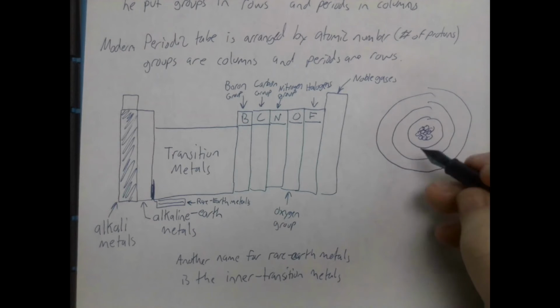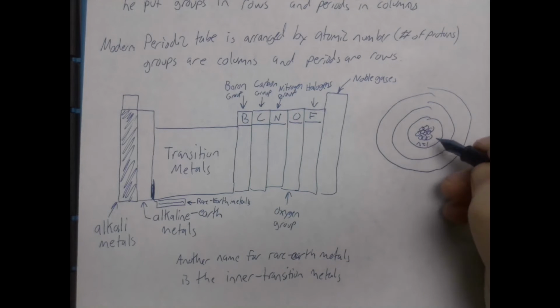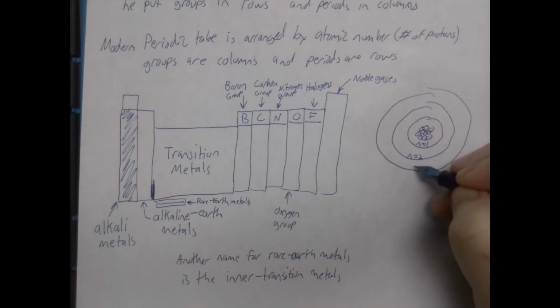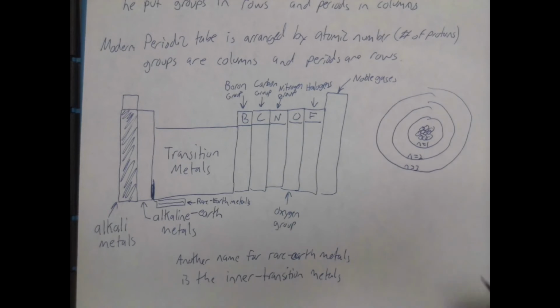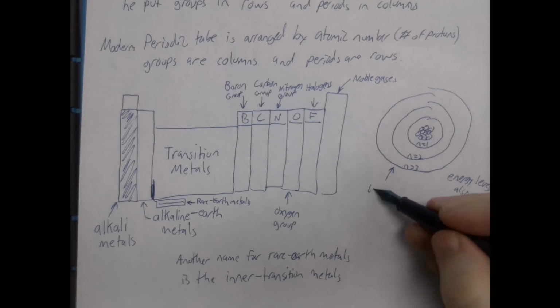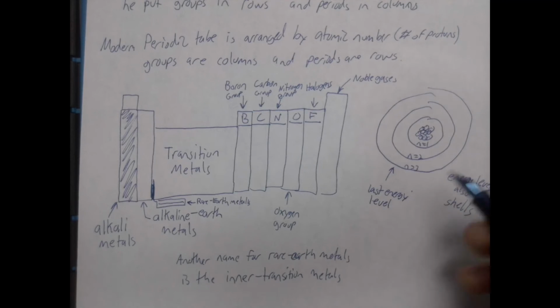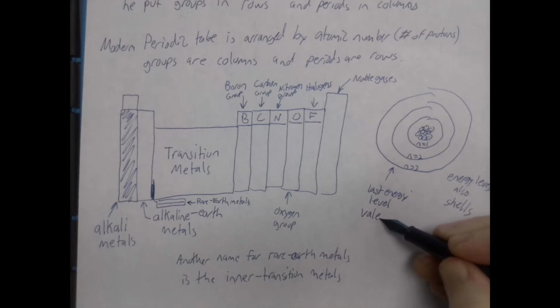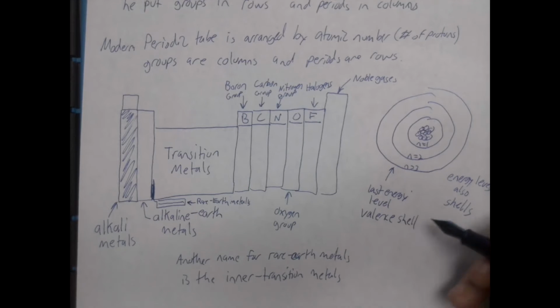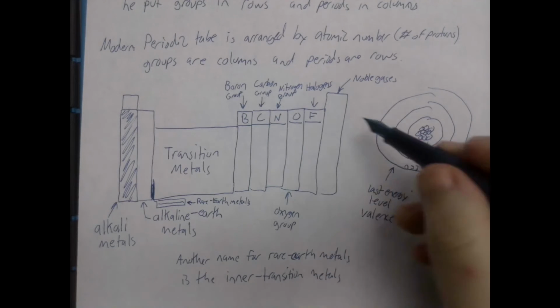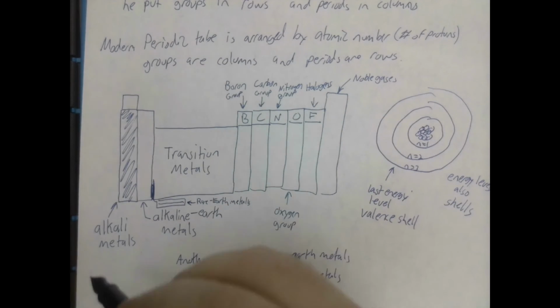We call this energy level 1, we use the letter N, energy level 2, and energy level 3. So these are energy levels, also known as shells. The last energy level is called the valence shell, or valence energy level. They all have one valence electron.